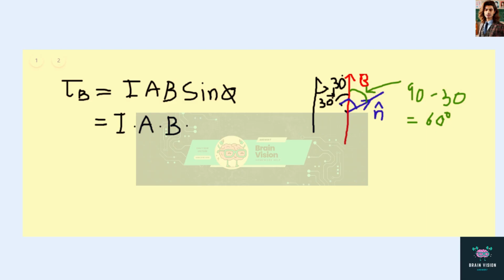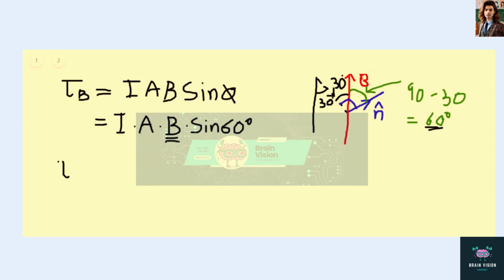Times sine of phi, the angle between the magnetic field and the normal to the loop, which we just concluded is 60 degrees. So now I can solve for B because everything else is completely determined.